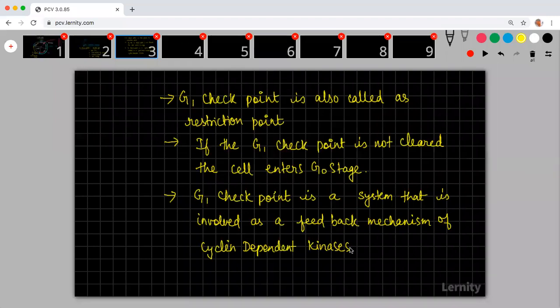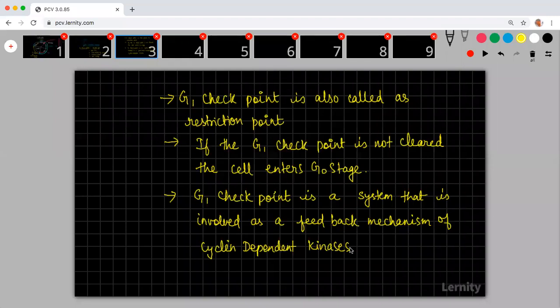What I am trying to tell is, if the G1 checkpoint is not cleared, then the cell will go back to its G0 stage. G0 can happen at any time. What is G0? G0 is basically the cell surviving as such. It is metabolically active, but it will not do anything at all. It is a quiescent stage.